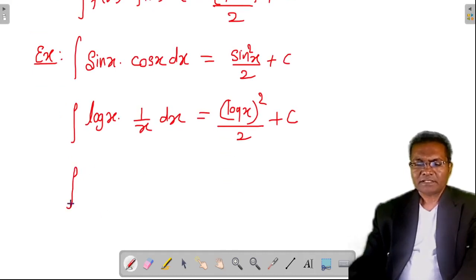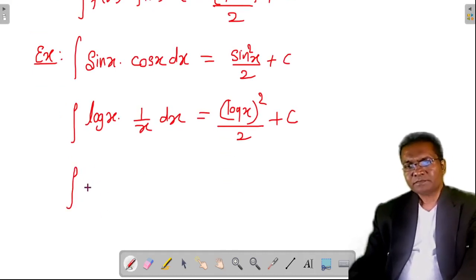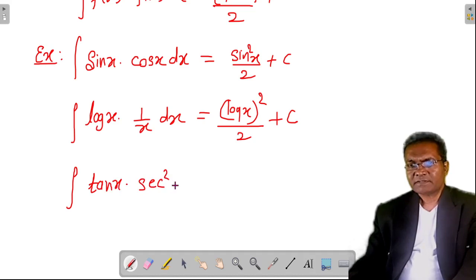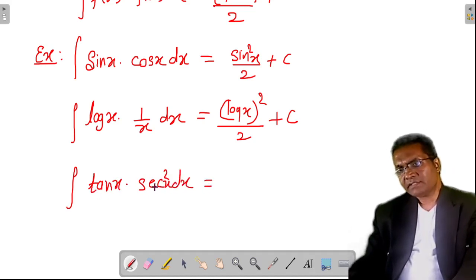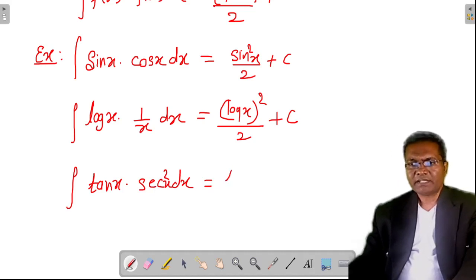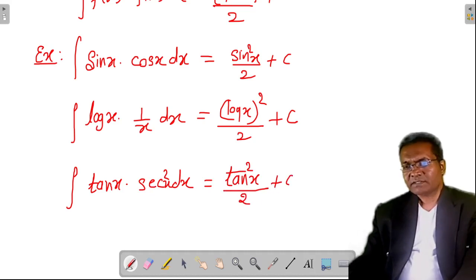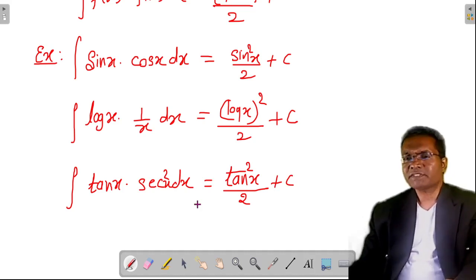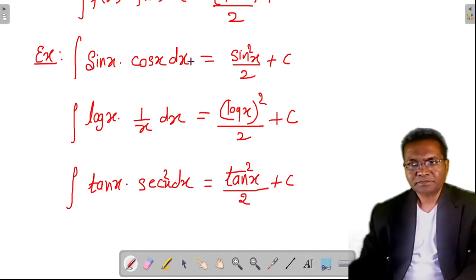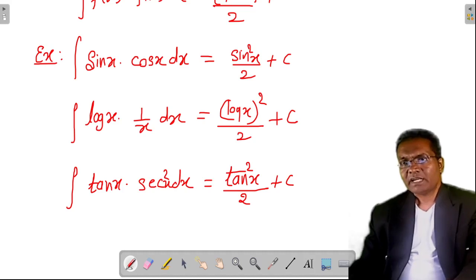Likewise, suppose you have the integration of tan x into sec square x dx. Directly, the derivative of tan is sec square here, so you can write it as tan square x by 2 plus c. Okay, so we will be having more situations of this kind, so better you remember this one, right?